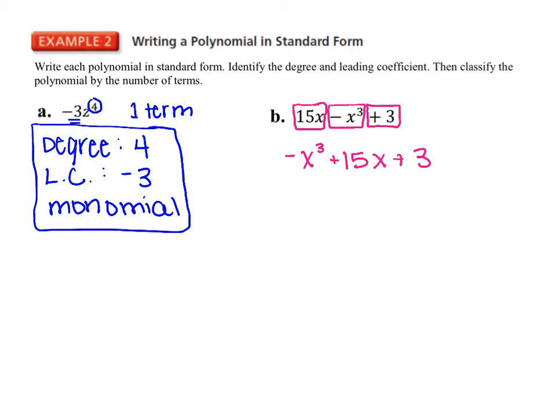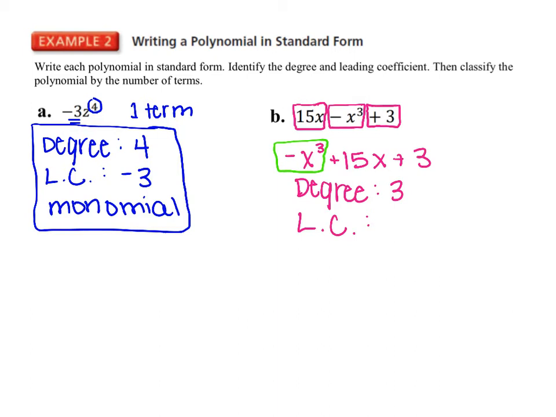Then we want to identify the degree and the leading coefficient. Now that it's in order, I can do that by looking at that lead term, right, and saying my degree is my exponent, or sum of exponents from my lead term. So my degree is 3.